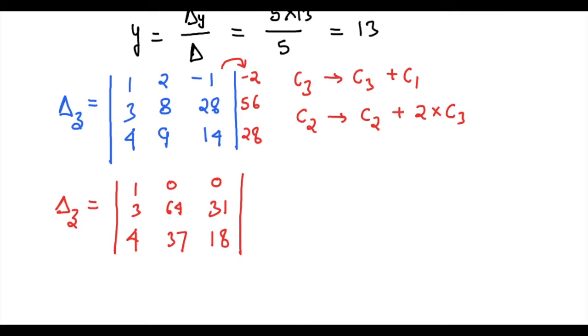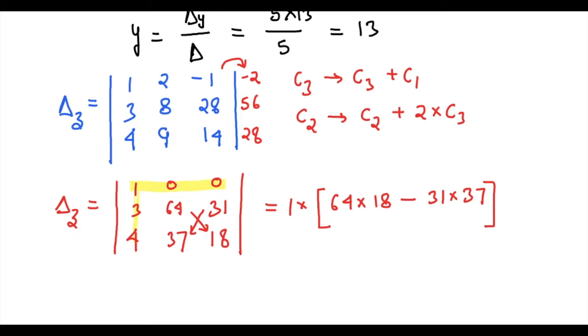I will expand it according to first row. So let's expand 1 and just leave the yellow portion. I will get 64 into 18 minus 31 into 37.